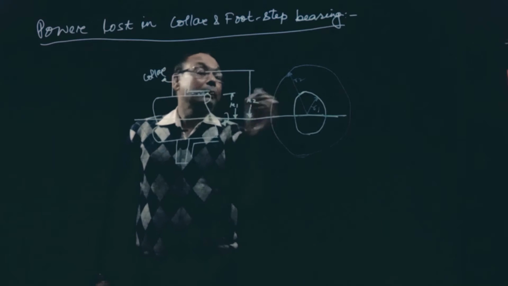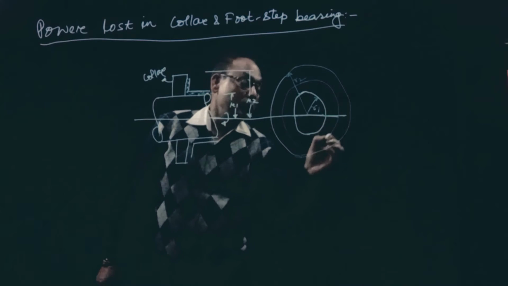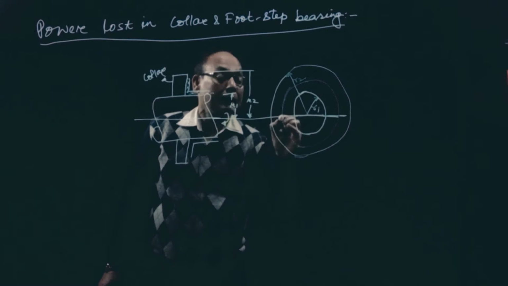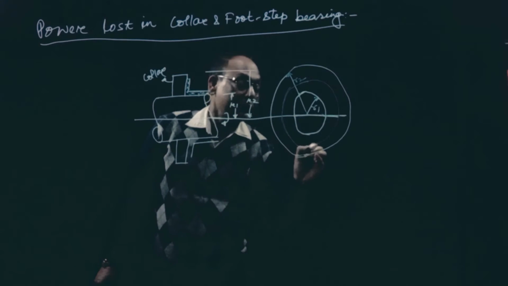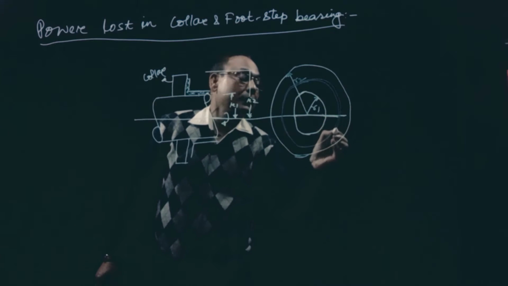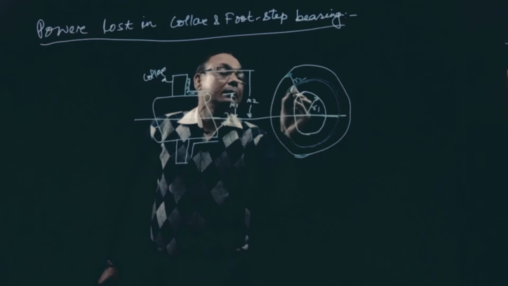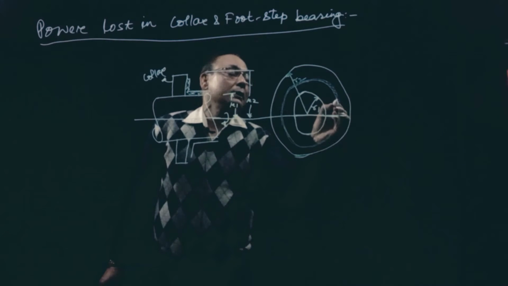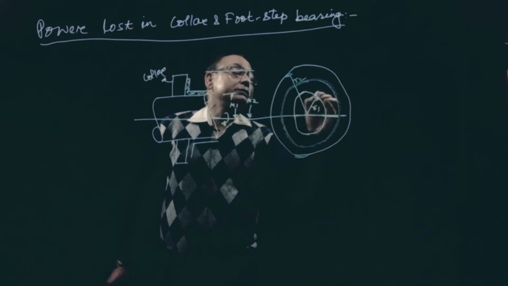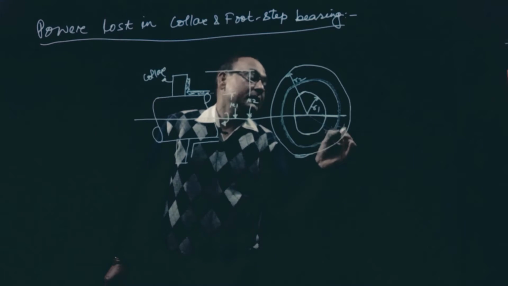So this one will have a small ring of radius r and thickness dr. So this one at r and thickness dr, okay.